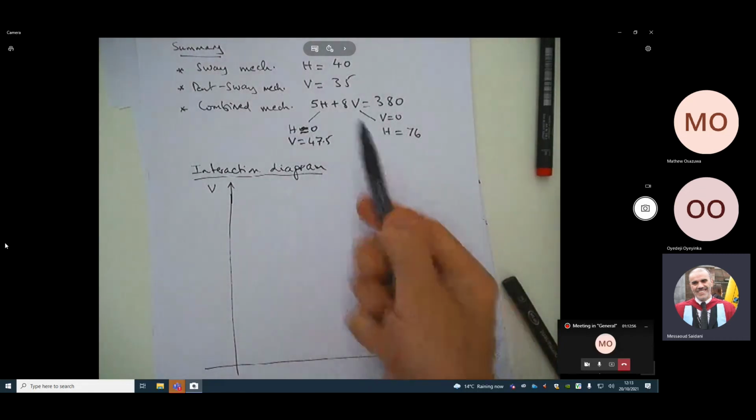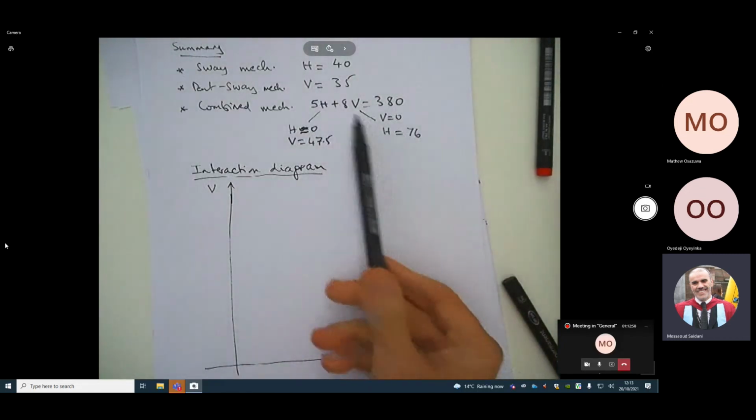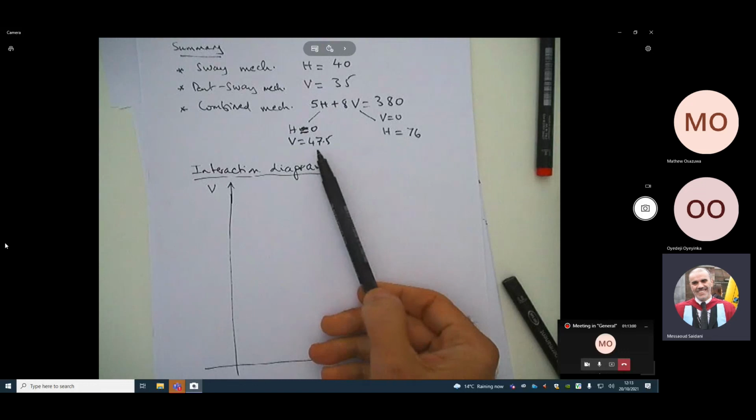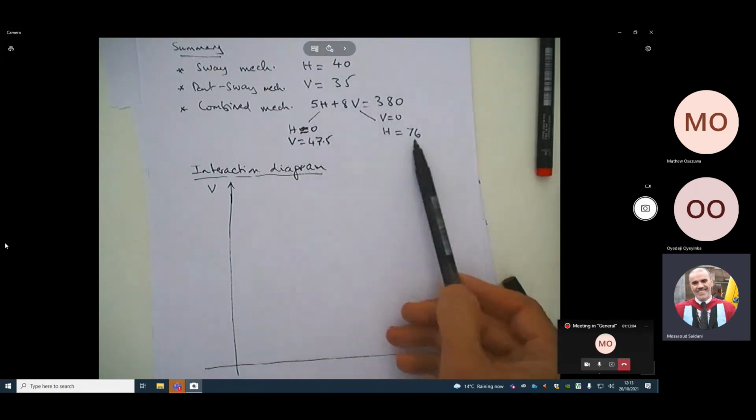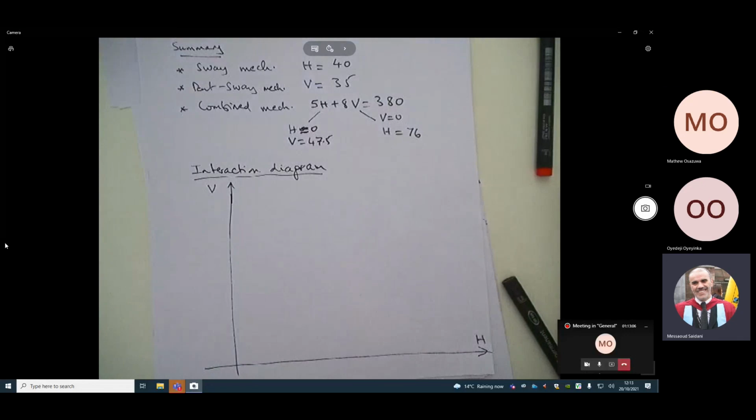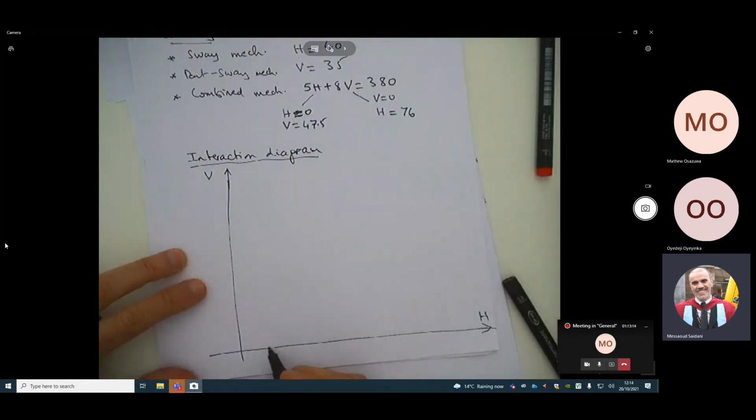Now, you can see that V goes up to 47.5, so about 50, and H goes up to about 76, around 80. So therefore I can now choose an appropriate scale. So H: 10, 20, 30, 40, 50, 60, 70, 80.